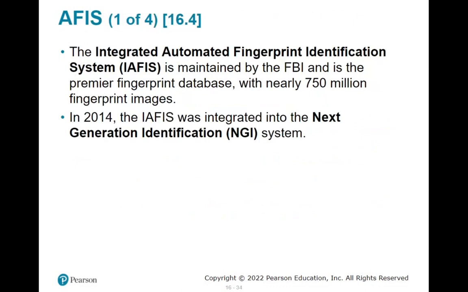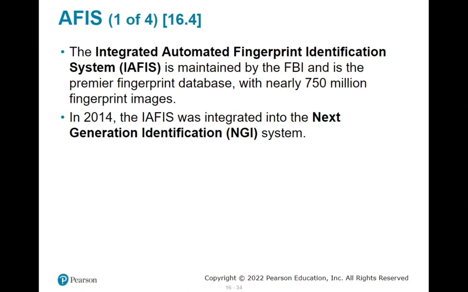All right, so the Integrated Automated Fingerprint Identification System, or AFIS, is maintained by the FBI, and it is the primary fingerprint database. The original fingerprint database, when it was just kept on cards, was in Leavenworth, and we talked about that with Will West and William West.